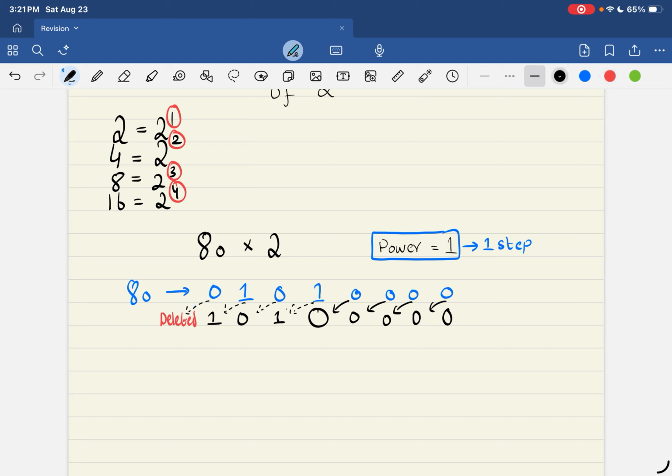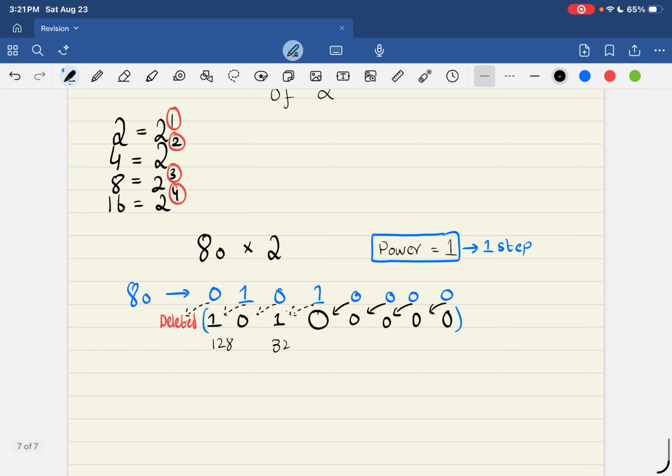So the representation that we have gotten over here, if you try to convert it into denary, 128 and then 64 and 32, if you add those numbers together, that is exactly equal to 160, which is something that we were expecting as well, right?